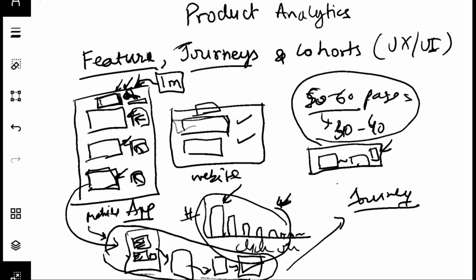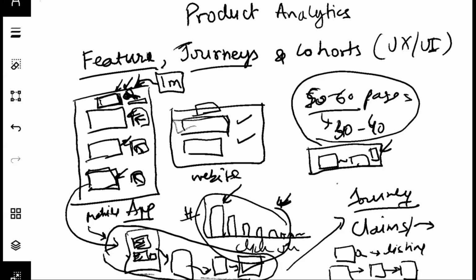Journey can also be if somebody has a problem. Let's say they had a bad experience and they want to do a claim, so they will have to go through that process, starting from maybe they search for it or they go to their prior booking page, and then they start their entire process of creating a claim or disputing or whatever else, and then submit. That is also a journey.